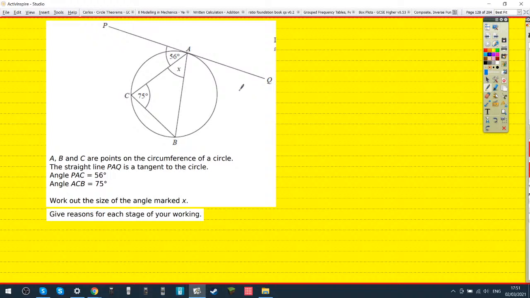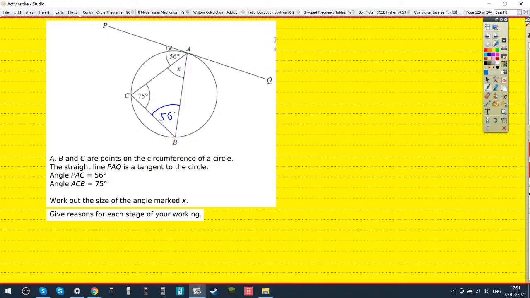I don't think so. There is another angle that's 56. Is that B? Yeah, that's alternate segment theorem. So that one's 56.